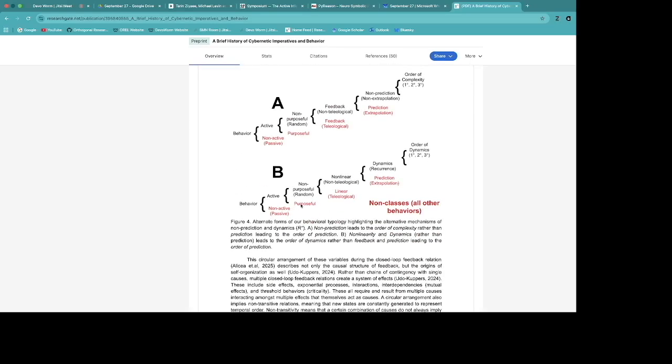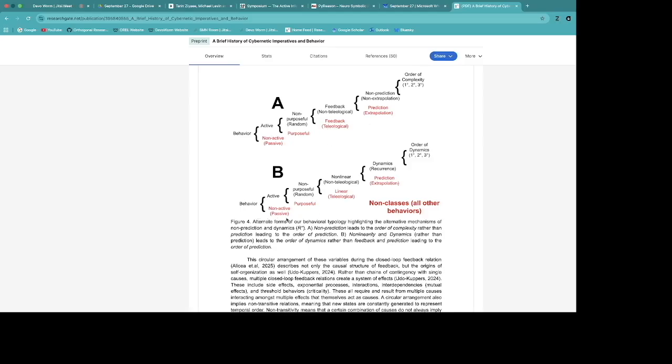Figure 4 shows a more ambitious change where we have, instead of purposeful as the path to the order of prediction, non-purposeful or random behaviors leading to the order of complexity. And so we're playing around with these categories.